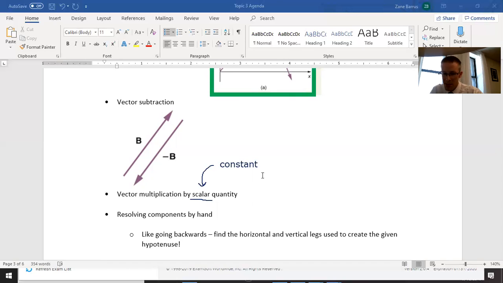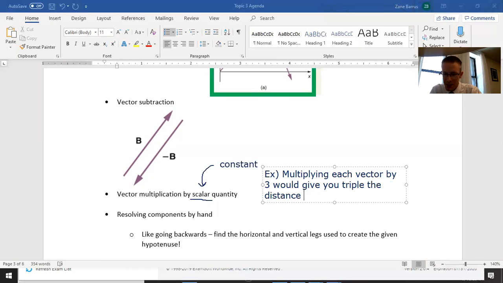Okay, so let me type this out. So for example, multiplying each vector by 3 would give you triple the distance from home to school. Okay, so this 3 right here, that's a scalar quantity. It's a constant. So anytime you're multiplying vectors, all you got to do is just multiply all vectors and components involved by 3. Pretty simple.